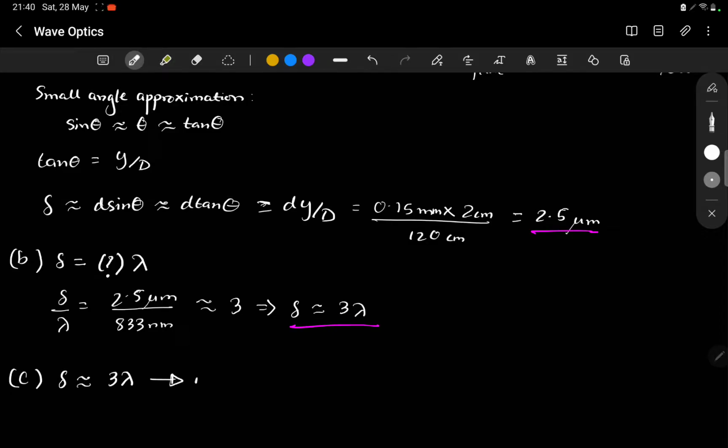So this is an integer multiple of wavelength, that is, the path difference is an integer multiple of wavelength. So this corresponds to a point of maximum intensity.